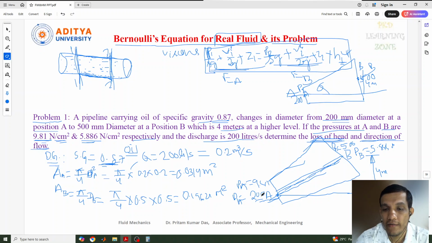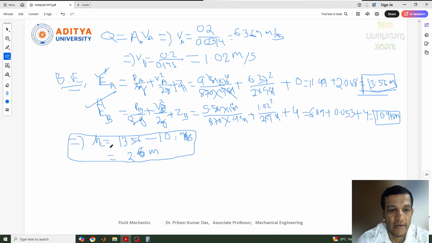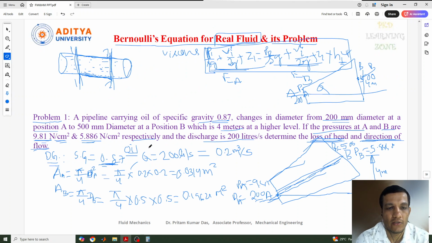Here we needed to find the direction of the flow. And the loss of head, as per this formula, is 2.6 meter. I hope you understand this problem and this concept of real fluid.